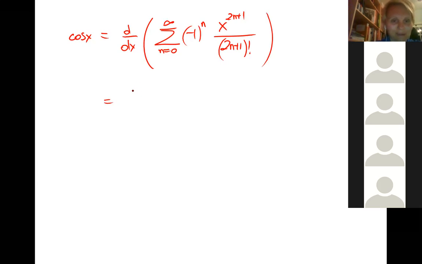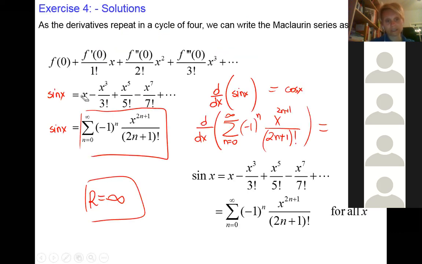We have to copy everything that is not x, because that's constant, and we start with 0 because we're not losing any term. If we write out the terms, we differentiate x, and the derivative of x is 1, so we're not losing the first term. The derivative of x cubed is 3x squared, of x to the power of 5 it's 5x to the power of 4, then 7x to the power of 6, and so on.